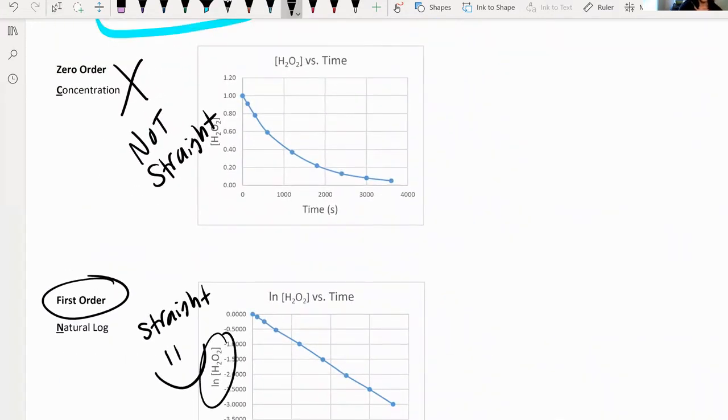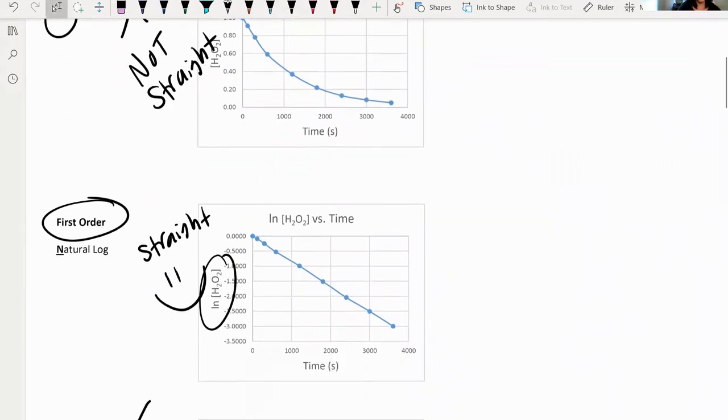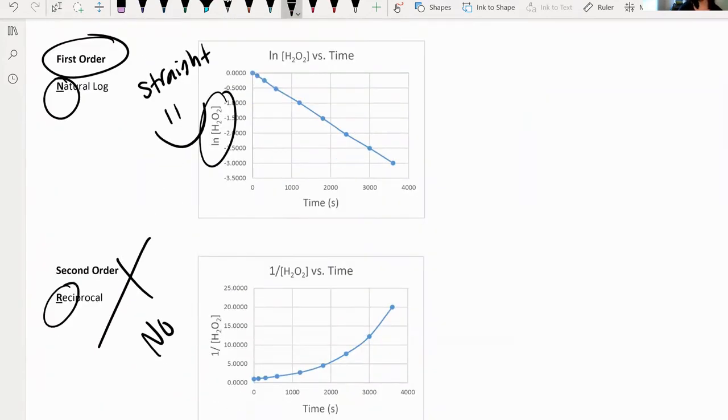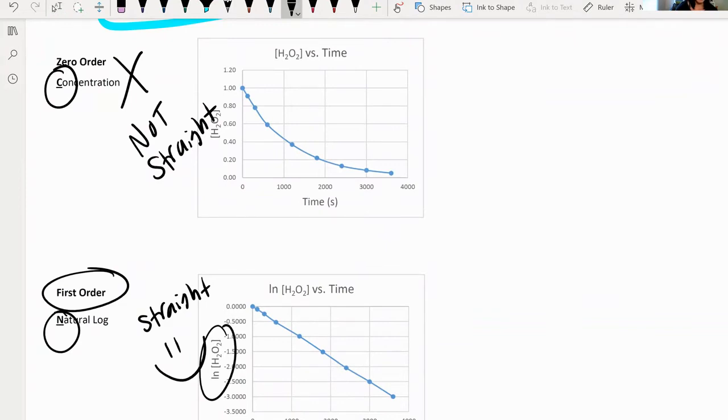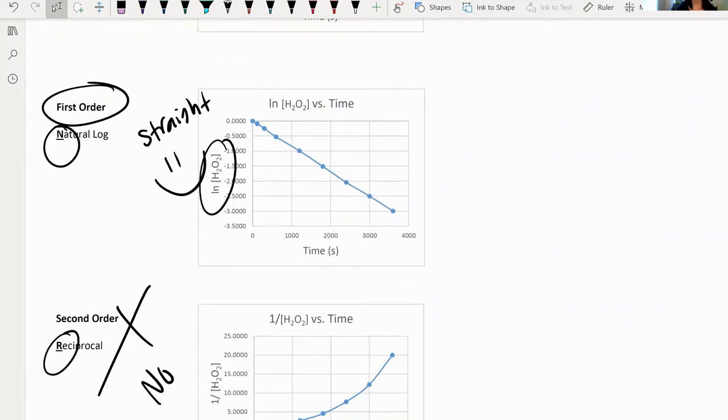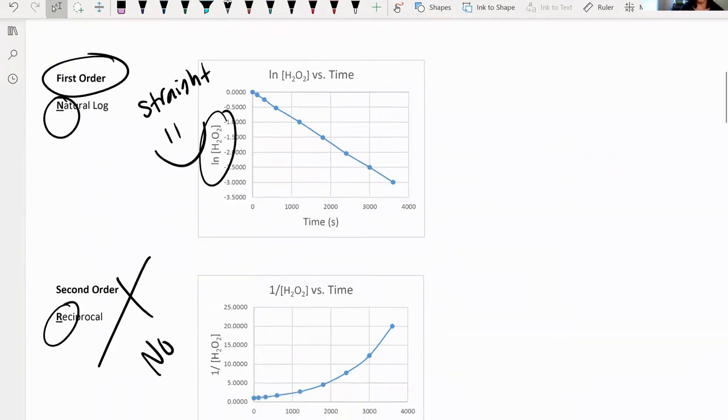Zero order has concentration, starts with a C. First order has natural log, starts with an N. Second order has reciprocal on the y-axis, R. So in alphabetical order: C, N, R, concentration, natural log, reciprocal, zero, first, second order. That's how you can help yourself remember which graph is which. So this is first order with respect to the hydrogen peroxide.